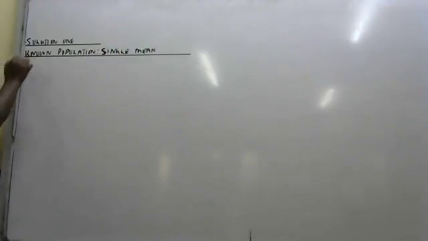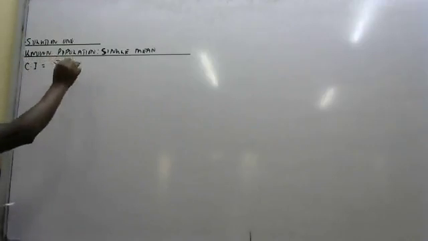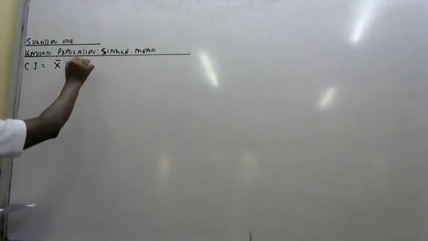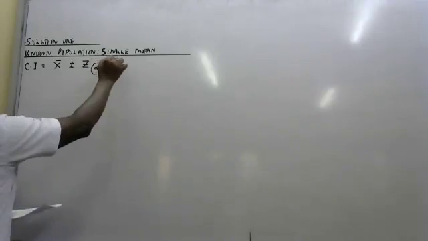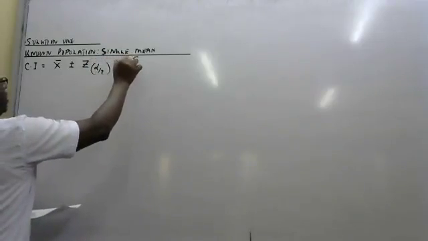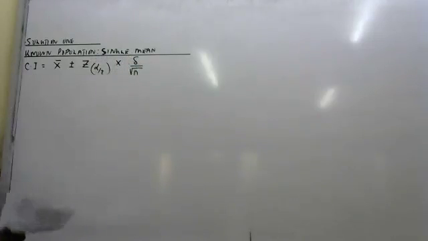So in this case, the confidence interval is given as X bar plus or minus Z alpha out of 2 multiplied by the standard deviation, divided by the root of n.